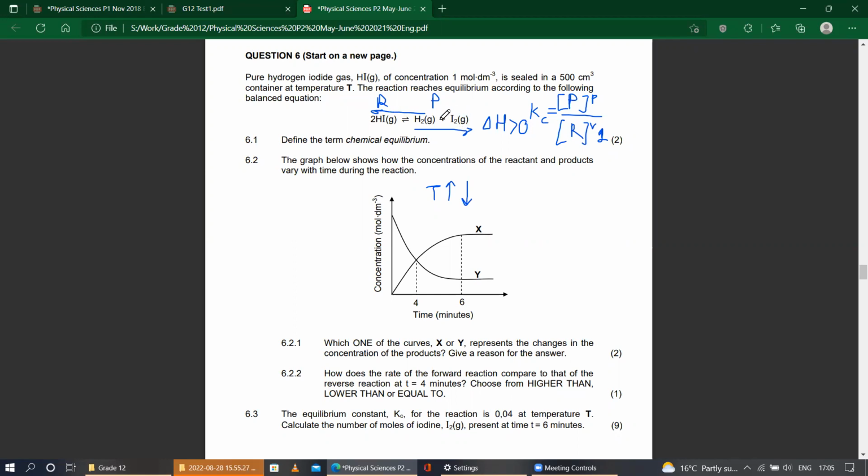Then that means there's going to be less products and more reactants if the temperature goes down. And if the temperature goes up, there's going to be less reactants and more products. So that's how Le Chatelier explained it.